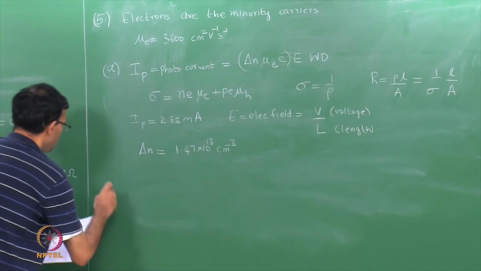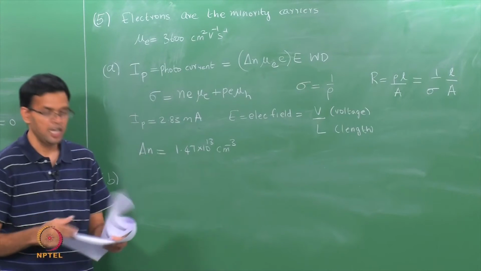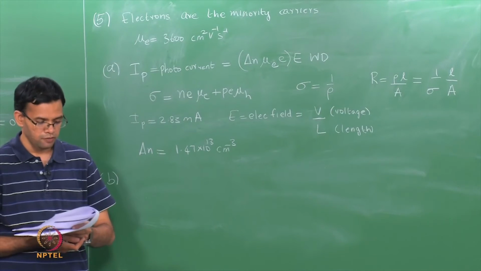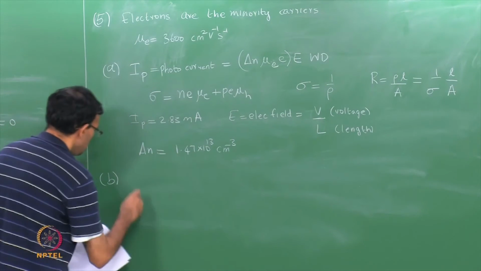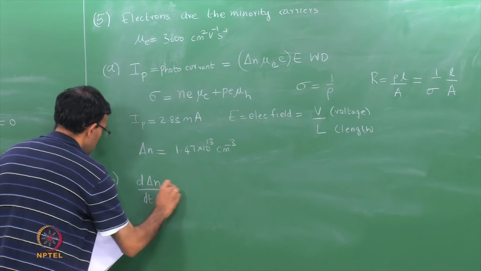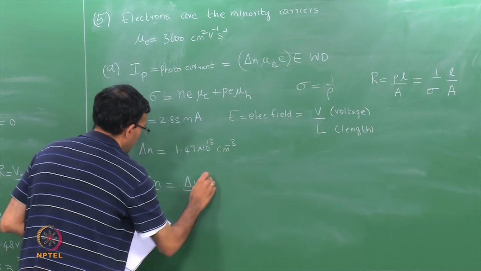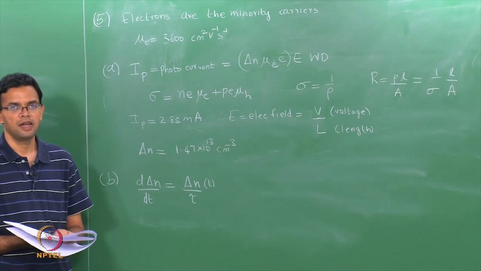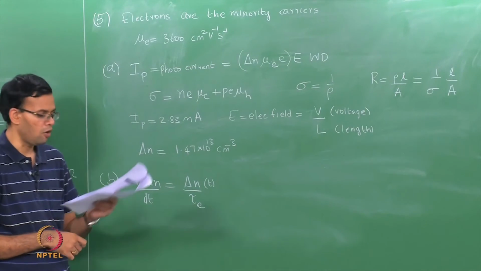Part B, we want to calculate the minority carrier lifetime. When the light is switched off, the concentration of the minority carriers decreases, and this is given by the value at a particular time t divided by the minority carrier lifetime tau. Since we are dealing with electrons, I will call this tau e.